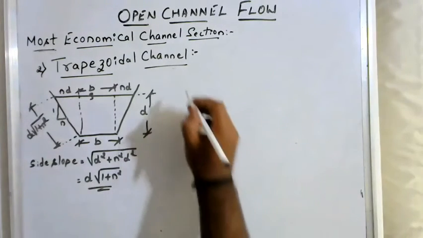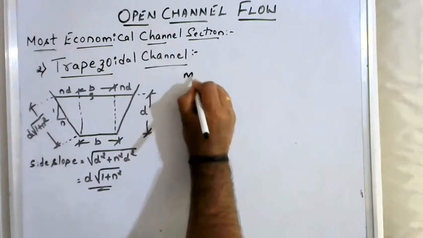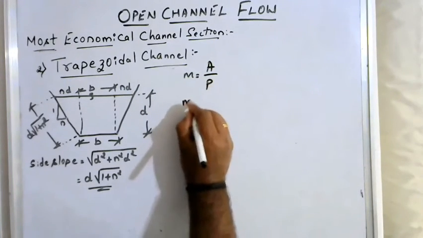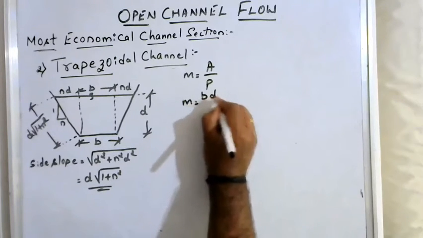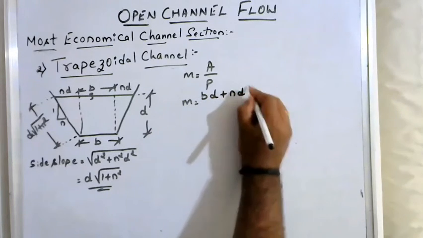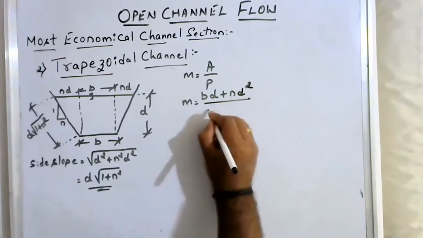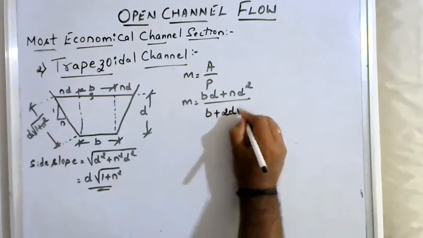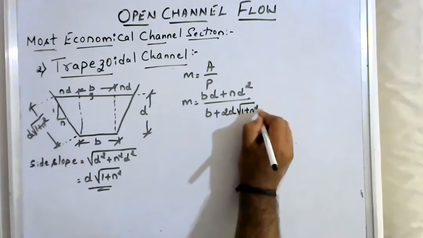Now to get the second condition, I'll use m is equal to A divided by P. I substitute m is equal to the area, which is BD plus ND square, divided by the wetted perimeter, which is B plus 2D root of 1 plus n square.